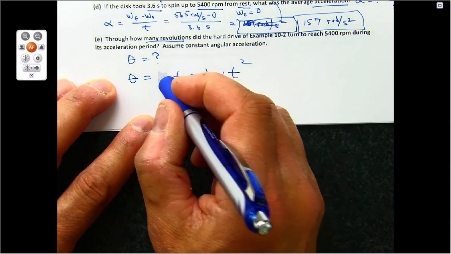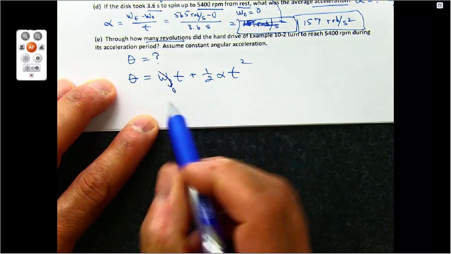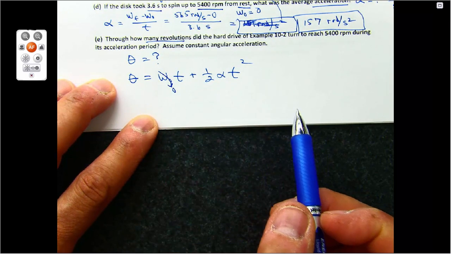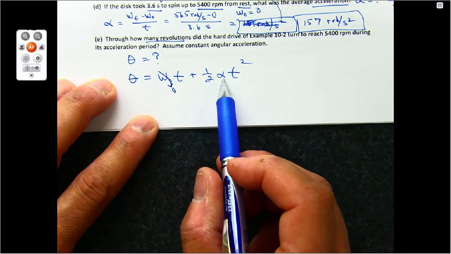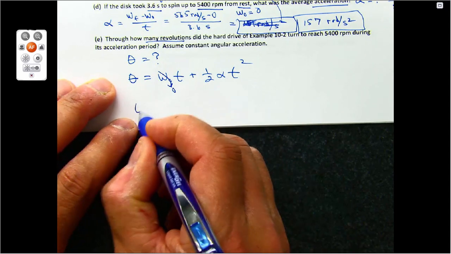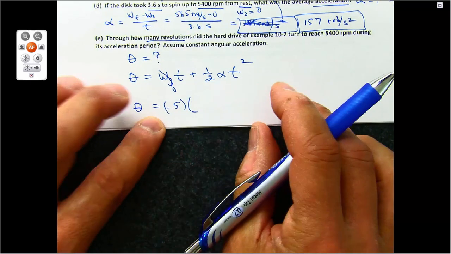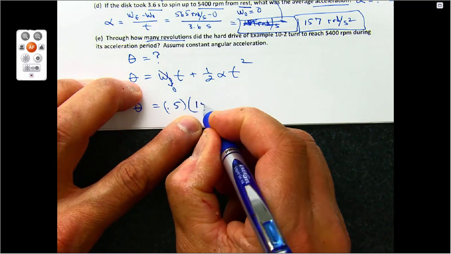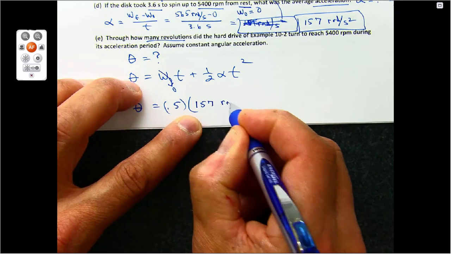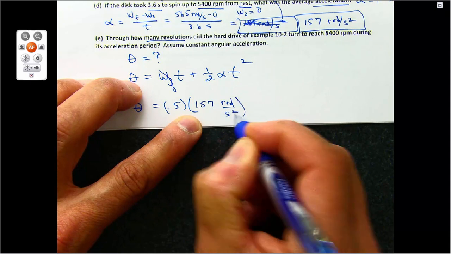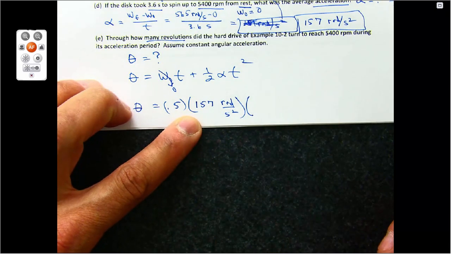So when this thing came up to speed, it started at 0. So we just have 1/2 alpha t squared. So that angle is the total amount of radians.